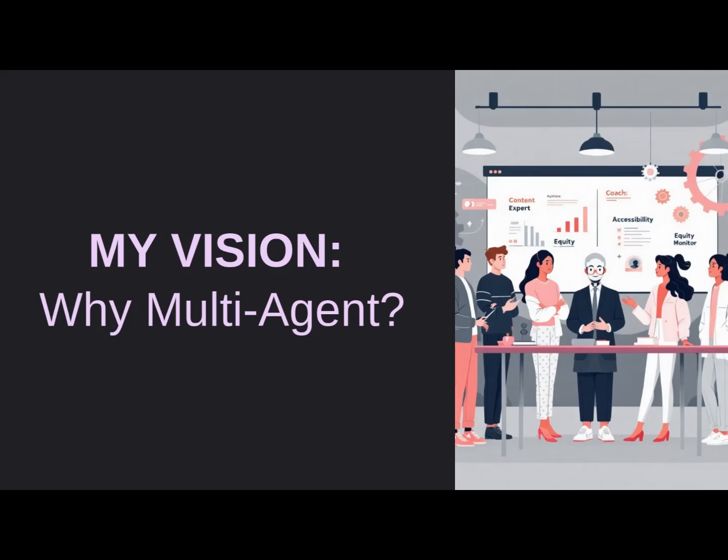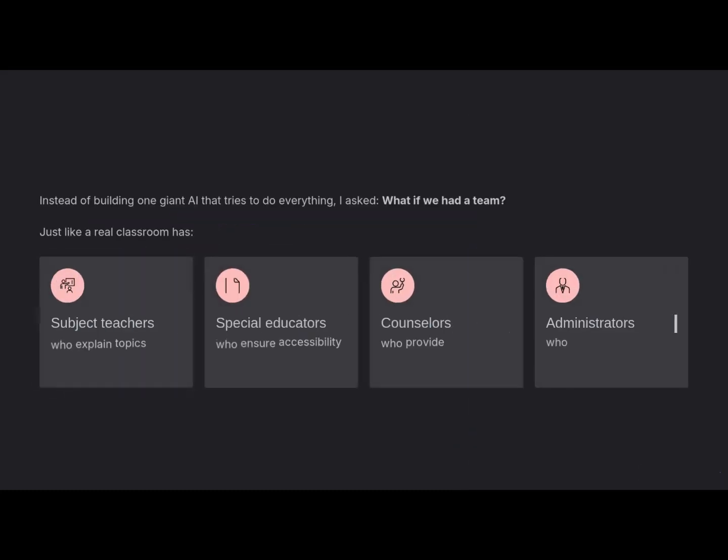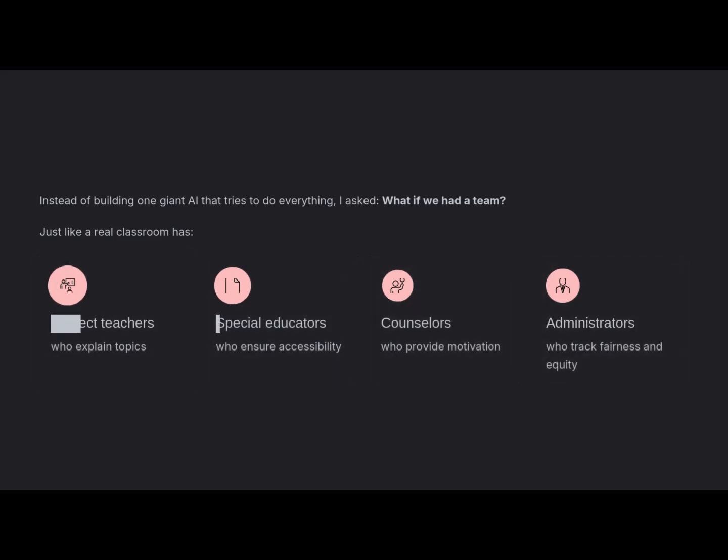Instead of building one giant AI that tries to do everything, I asked, what if it had a team? Just like a real classroom has. Subject teachers who explain topics, special educators who ensure accessibility, counselors who provide motivation, administrators who track fairness and equity. I decided to build AI agents the same way.